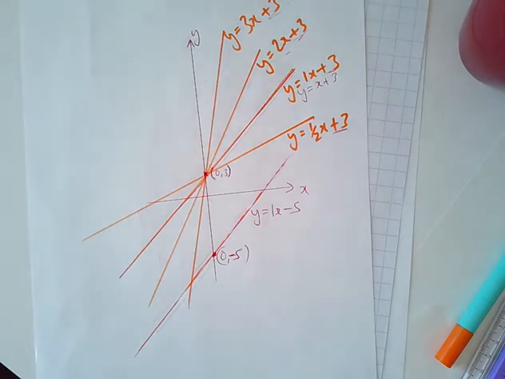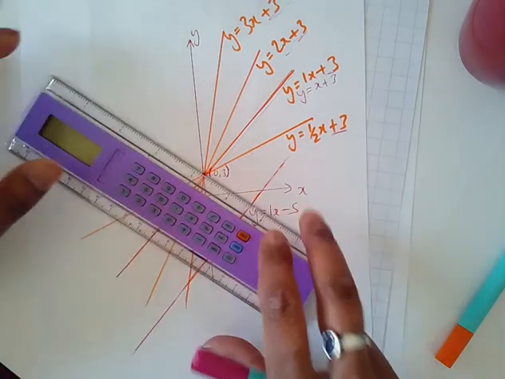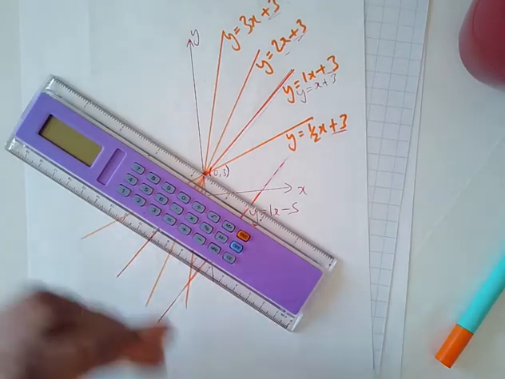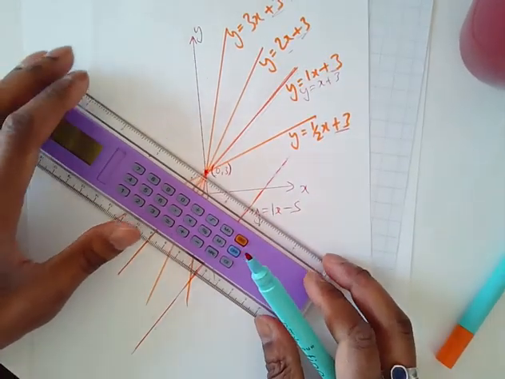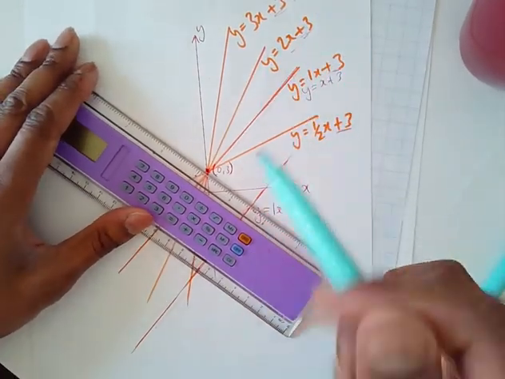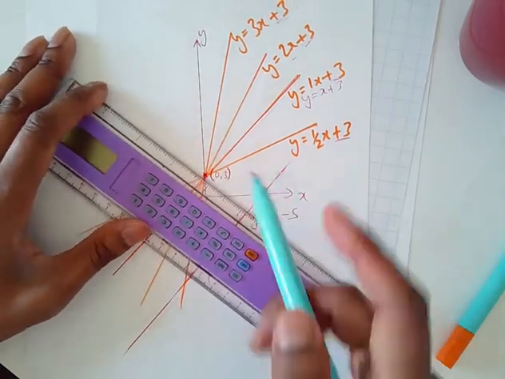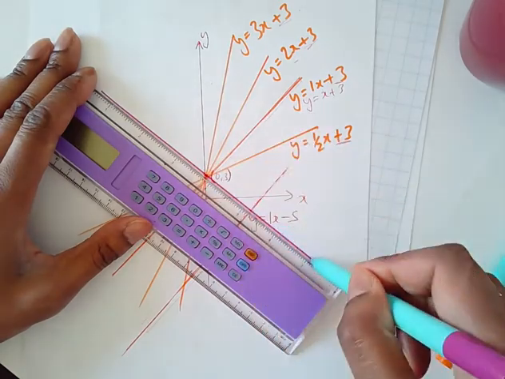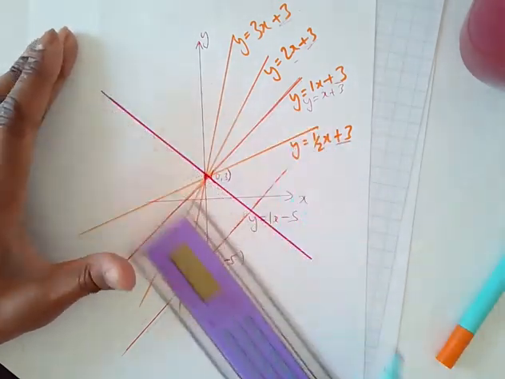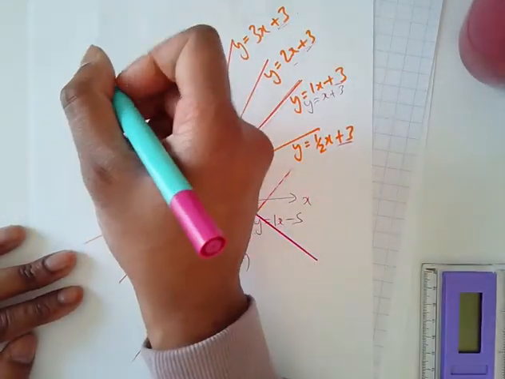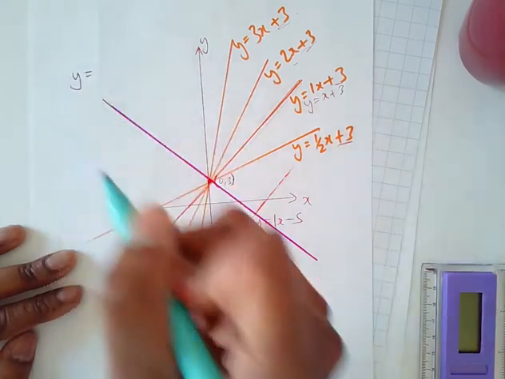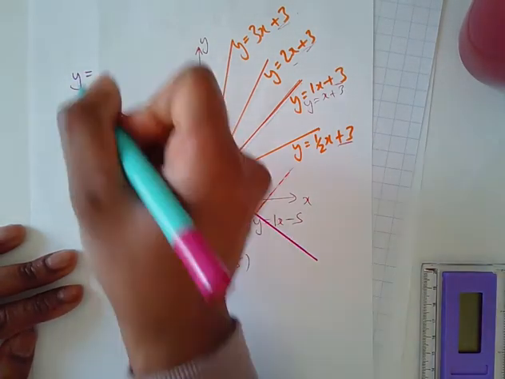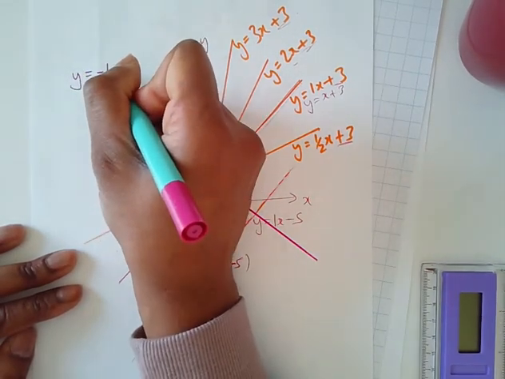You could have negative gradients. So for example, I'll choose a different color so it stands out. Let's suppose I'm going to go through that 3 again. So let's say I got something like this now. I'm going to call it y equals minus 1x.